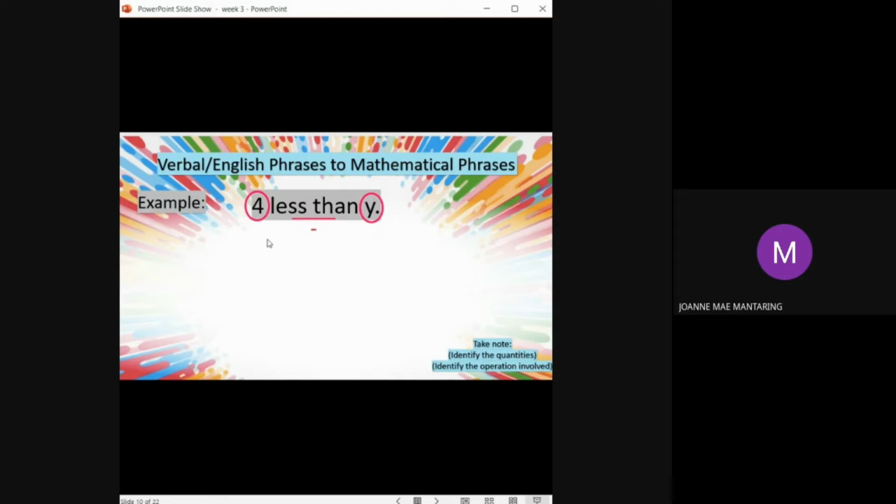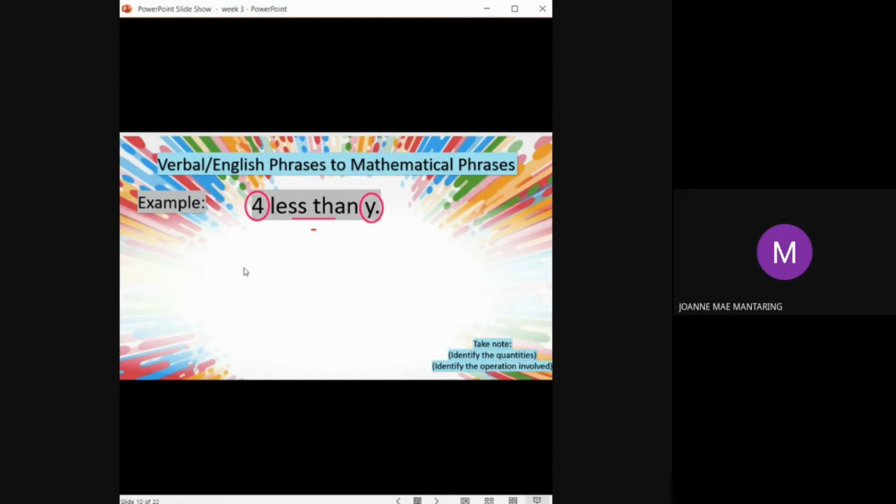So, paano sila nagkaiba noong less? At anong kinaiba ng less than sa less? Okay, makinig ng mabuti. Okay, at this point, for 4 less than y, ang mauuna na po ditong quantity na isusulat mo is the quantity after less than. After less than.